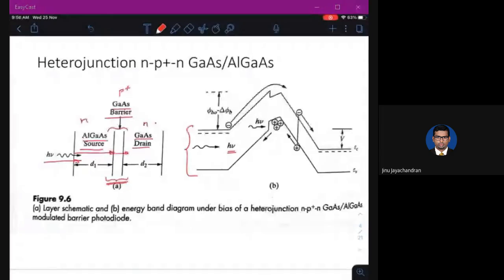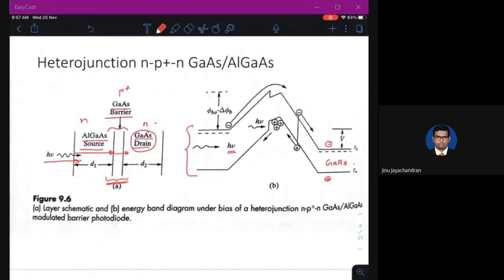Now in the drain, you have a gallium arsenide drain. The photon incident will be in such a way that the electron-hole pair can be created in the gallium arsenide drain, because the photon will be absorbed in the gallium arsenide drain. Once the photon is absorbed, it will create a hole and an electron.